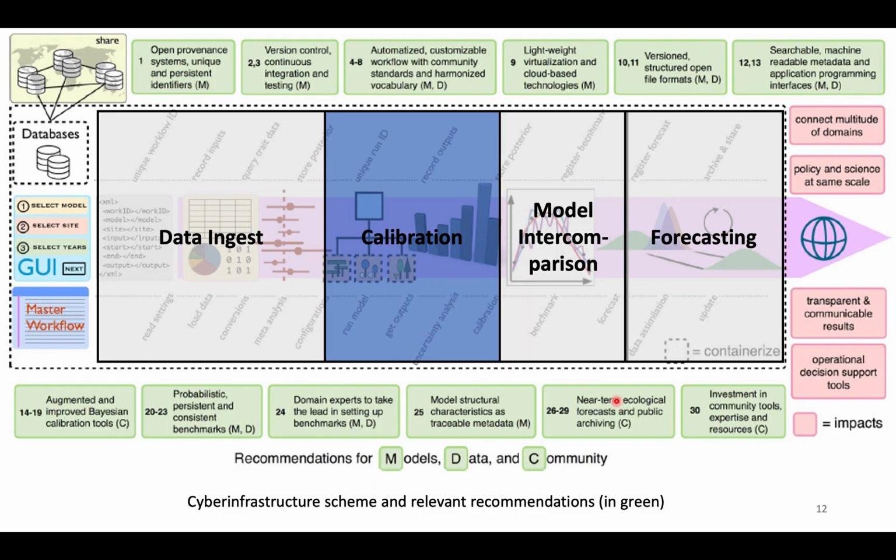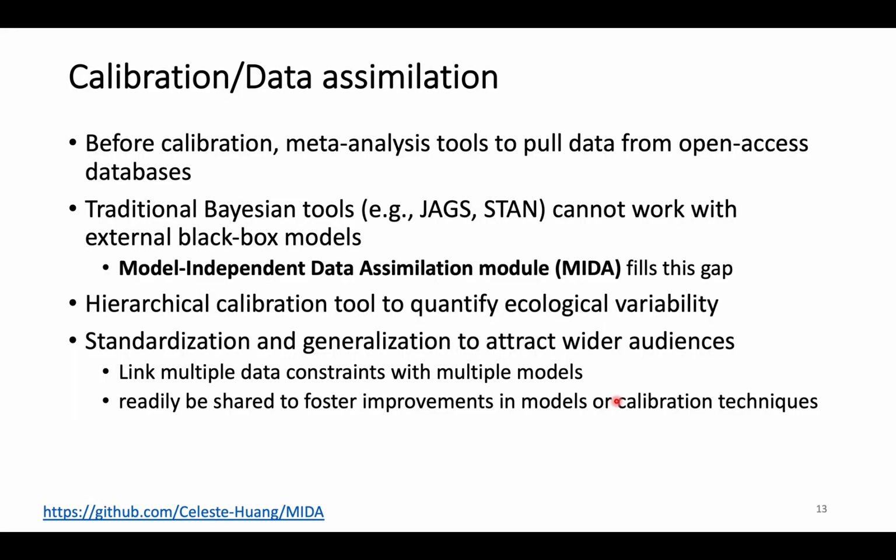The second challenge is about calibration. Specifically for ecological models, it is to integrate data into a model to constrain parameters, so-called data assimilation. Some parameters are able to be informed directly by observations, such as turnover rate. In this case, there are some meta-analysis tools to pull data from open access databases for constraining these parameters.